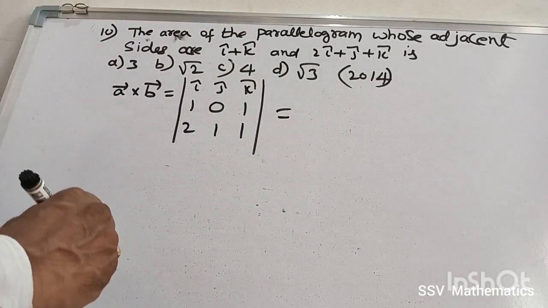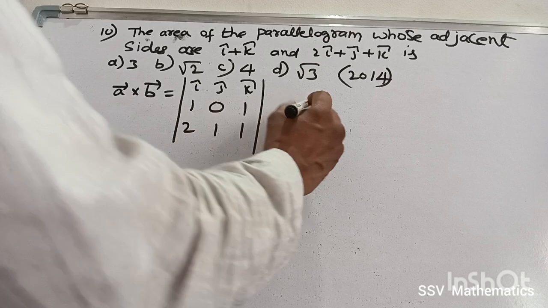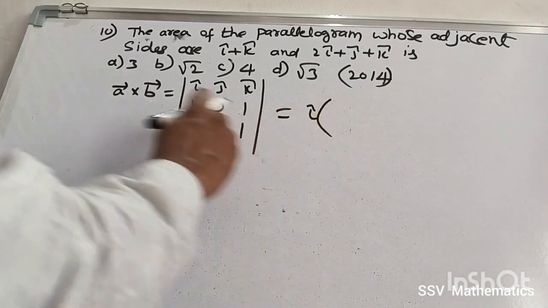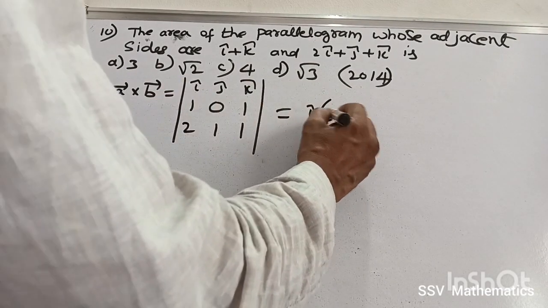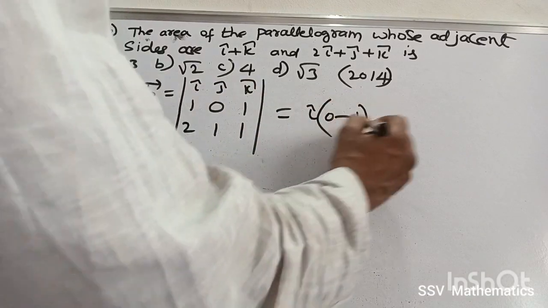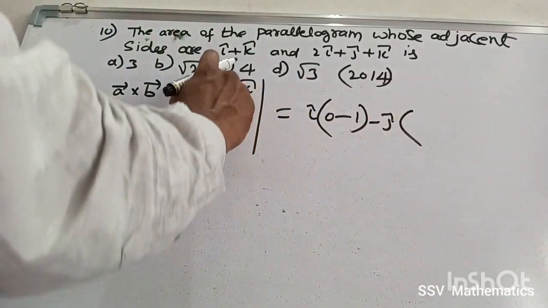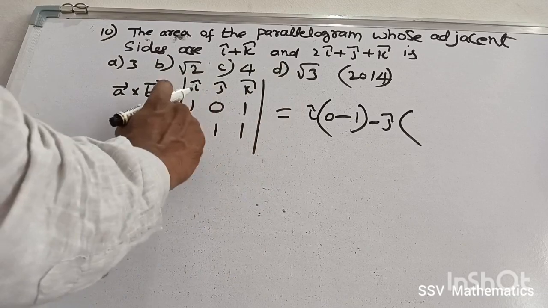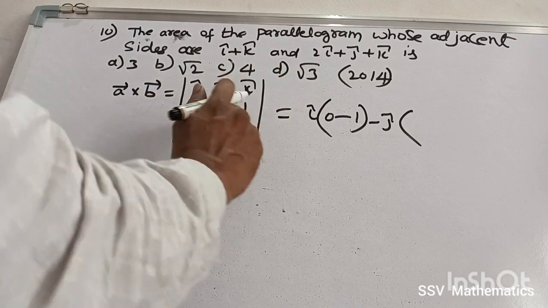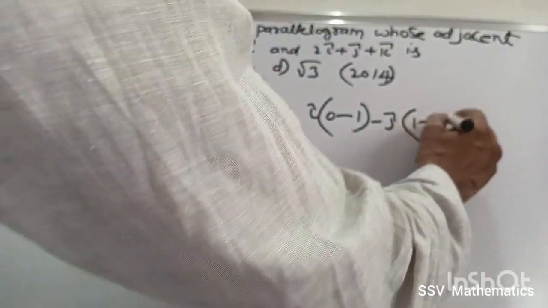So evaluate this determinant. So i into, 0 into 1 minus 1 into 1. Next minus j into, delete this column, this row, 1 into 1 minus 2 into 1, 1 minus 2.